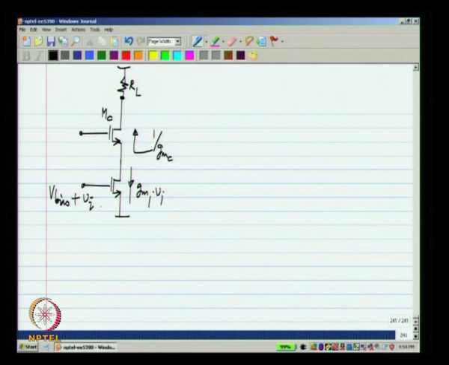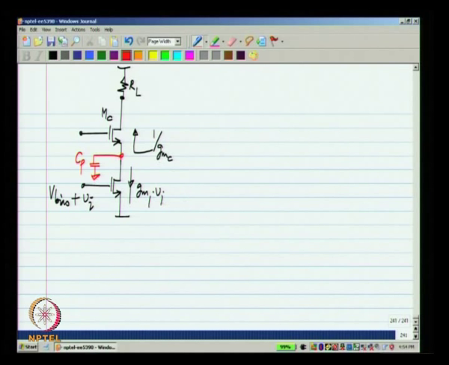Now, let us say I have some parasitic capacitance from this node to ground. What will happen? The current gets divided between the input resistance of the cascode and this parasitic capacitance Cp.